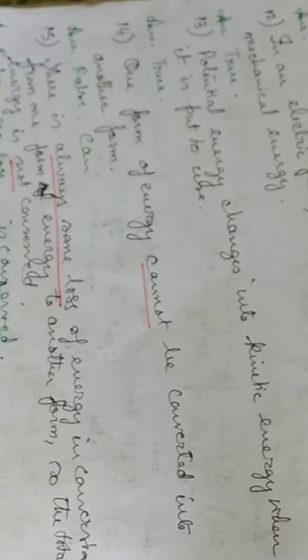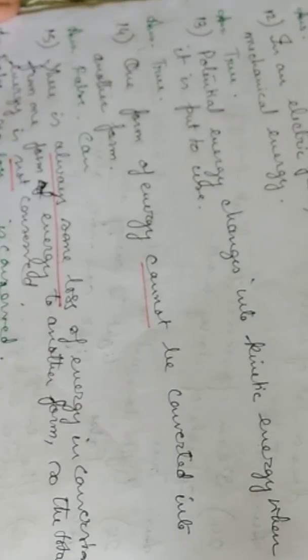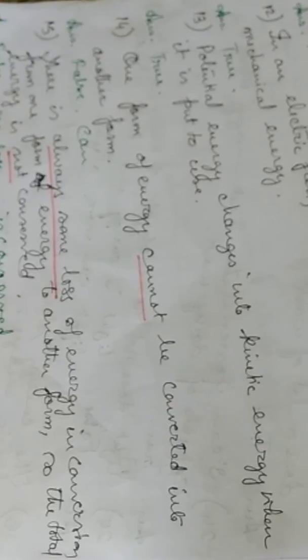But if there is no friction in the total system, then there is no loss of energy and the total energy is conserved. Since friction is not mentioned here, there is always some loss of energy in conversion from one form to another. That is a true statement, and the energy is not conserved. Only if there is no friction is the energy conserved.